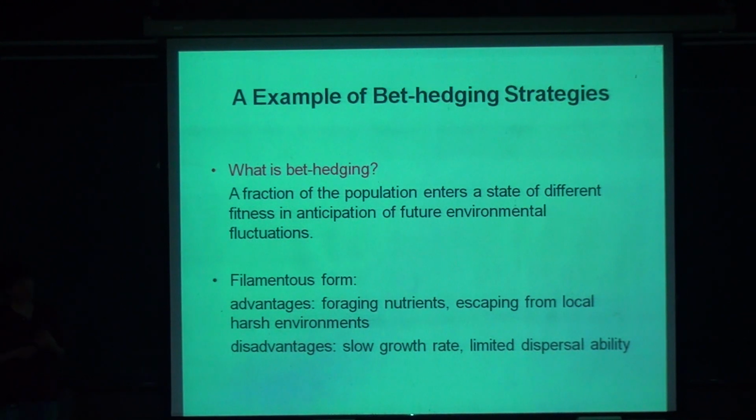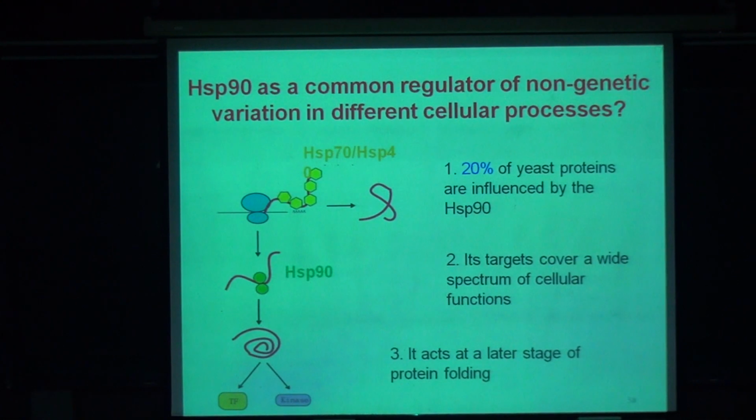And also when they become filamentous, another limit is that all the cells seem to be more linked with each other, and they cannot be separated very easily. So if there's some other physical force to stress those conditions, maybe they will die altogether too. So basically, the filamentous form has some advantage in one condition, but disadvantage in the other condition. So they fit the bet hedging idea very well.